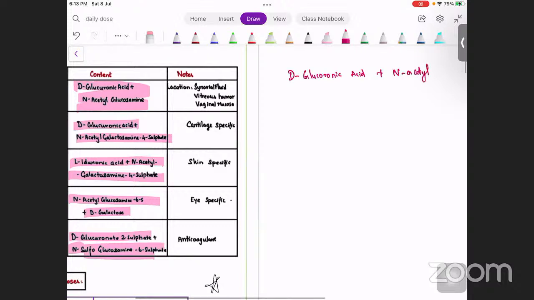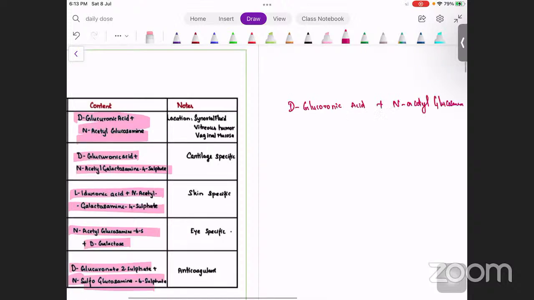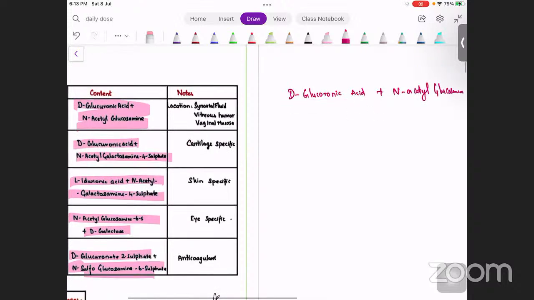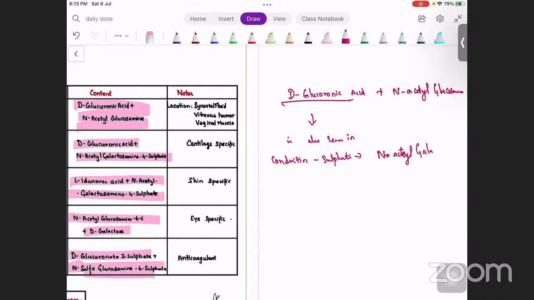This D-glucuronic acid is also seen in chondroitin sulfate, except the second part. Chondroitin sulfate, except the second part, which is the N-acetyl galactosamine 4-sulfate. The different structure is N-acetyl galactosamine 4-sulfate.